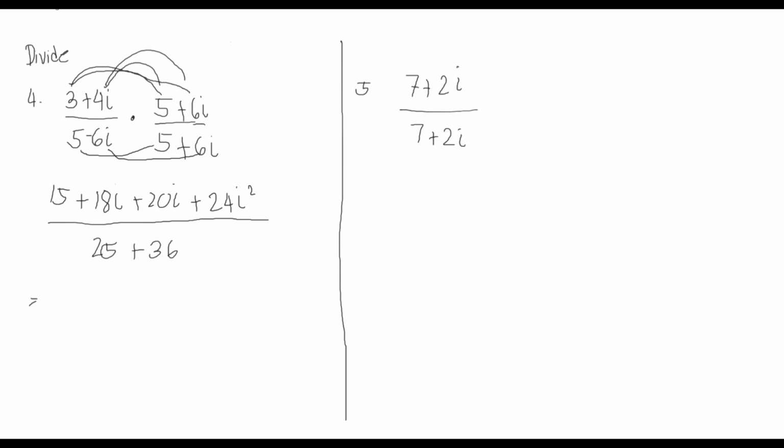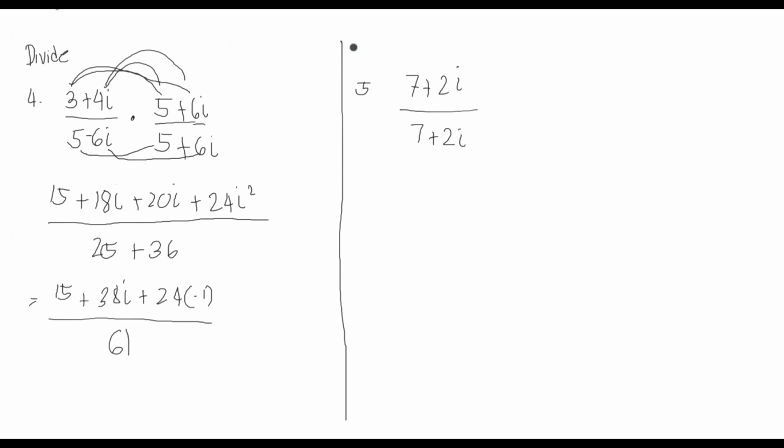So you will be having 15 plus 18i plus 20i, meron kang 38i plus 24. Again, yung i square mo magiging negative 1 over 25 plus 36 is equal to 61. Meron kang 61 dyan.